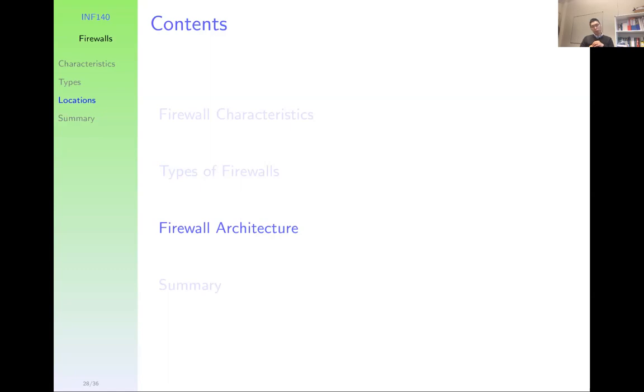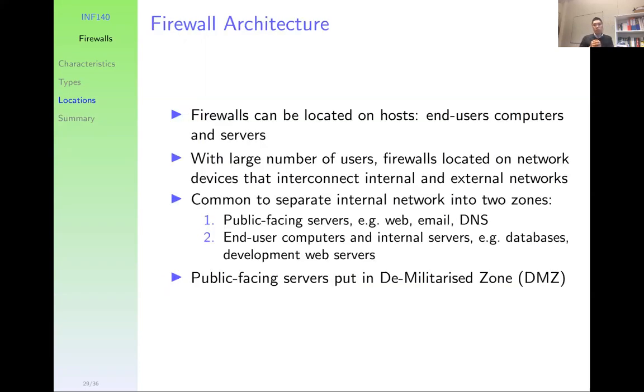And now we can move on to the firewall architecture lecture. It's basically about where we should place a firewall in the network. There are two types of locations for the firewall in the network architecture in an enterprise.